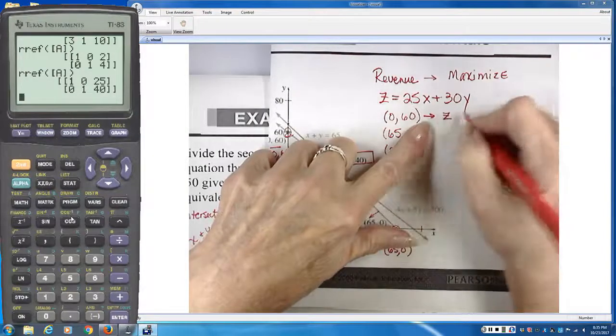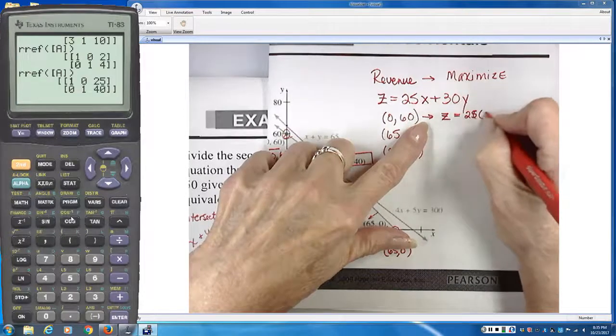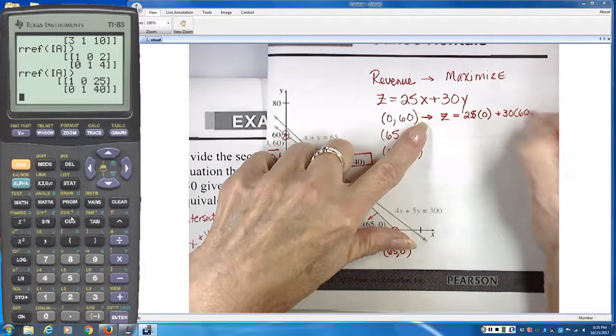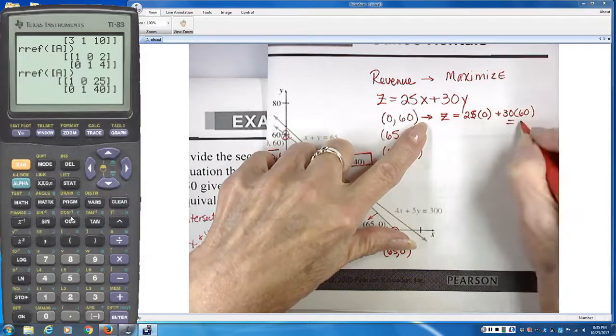So Z is going to be 25 times 0 plus 30 times 60, which is going to be 1,800.